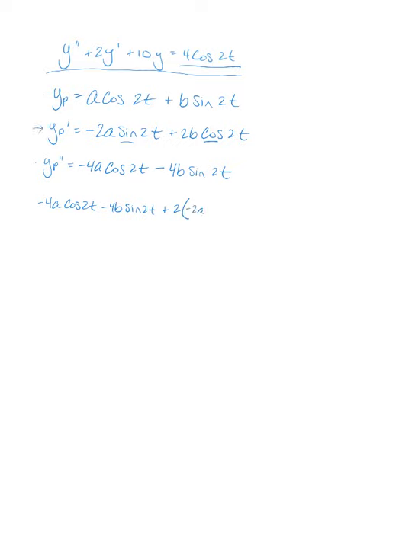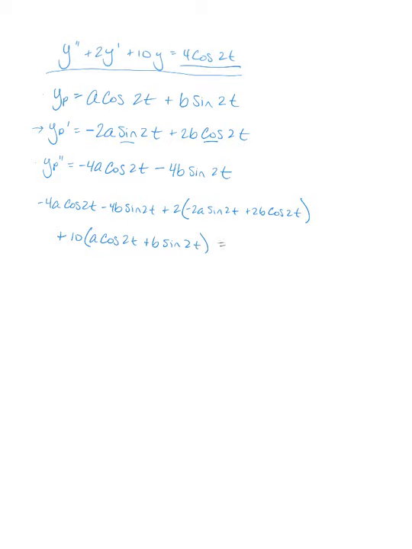Negative 2a sine 2t plus 2b cosine 2t. And then plus 10y. I'm running out of room, so I'm going to go to the next line. Plus 10y is a cosine 2t plus b sine 2t.